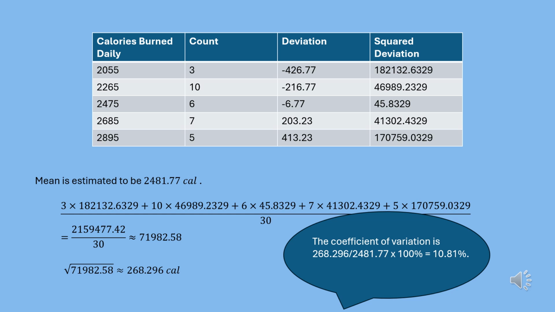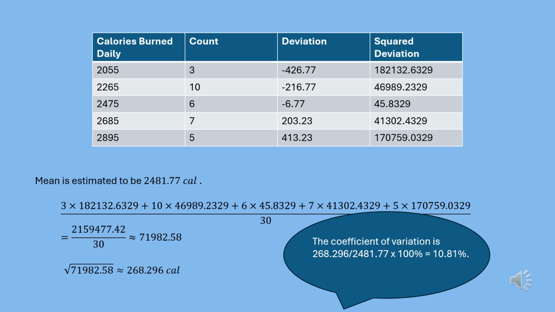Then working through the standard deviation steps, we need to find the difference between the data values and the mean. Our mean is estimated to be that 2,481.77 that we found a couple of steps ago. So if you take 2,055 and you subtract 2,481.77, you get negative 426.77.